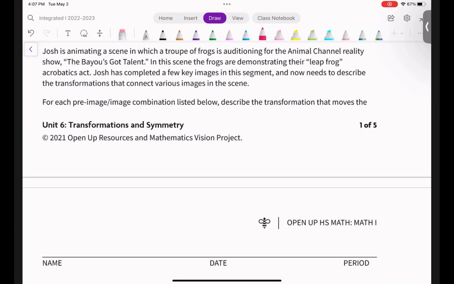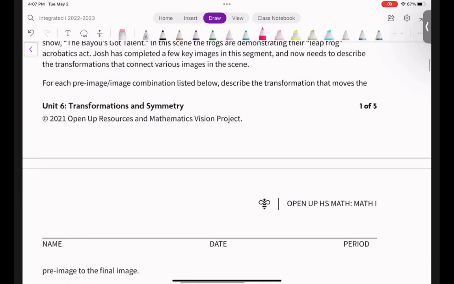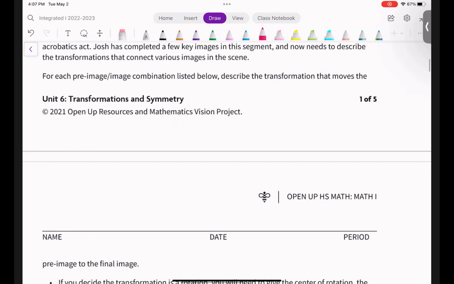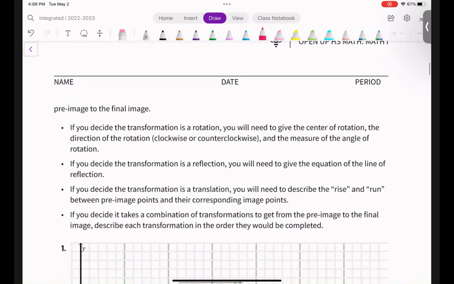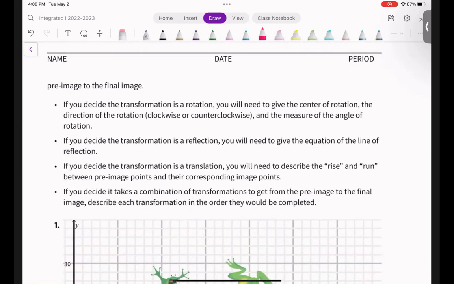For each pre-image and image combination listed below, describe the transformation that moves the pre-image to the final image. If you decide the transformation is a rotation, and this is important, you'll need to give the center of rotation, the direction of the rotation, and the measure of the angle.